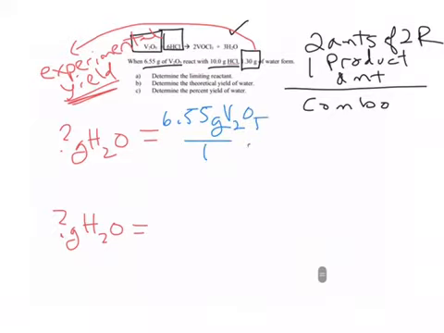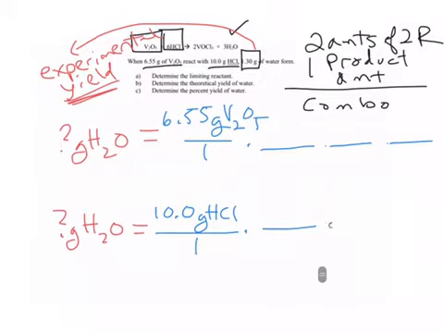And since we're going from grams to grams, we'll need 4 complete fractions. We're also going to start with 10 grams of hydrogen chloride, and we are also going to need 3 more fractions.